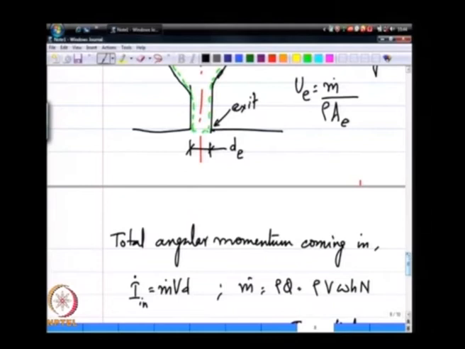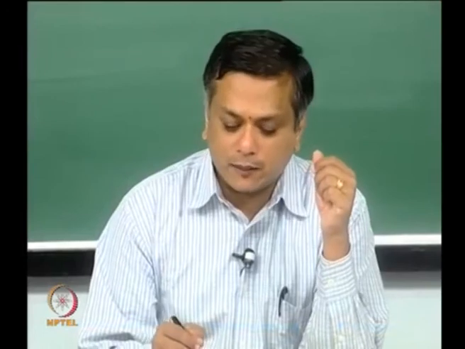The only problem here is A_e is not equal to pi d_e squared over 4. Okay, this is where the design process gets a little complicated. A_e is the exit area available for the fluid flow, and because you have a swirling flow, there is no guarantee that the entire cross-sectional area is flooded with the liquid.